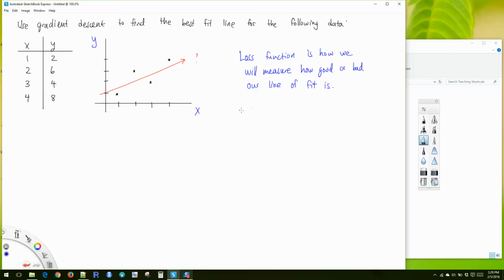And here we will define our loss function as the sum of squares residuals. In our case, our loss function is a function of the parameters that we choose for our line of fit.